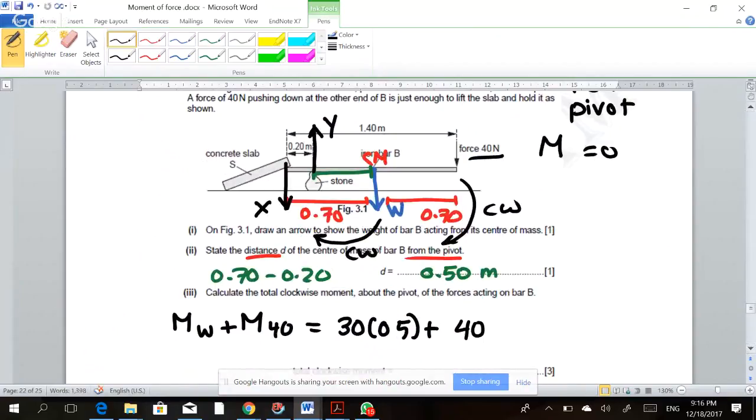The distance from 40 to the pivot, from here to here: sorry, from here to here is 1.4. From here to here would be 1.2. This distance is 1.4. Subtract 0.20 from the force to the pivot, and it is 1.2.